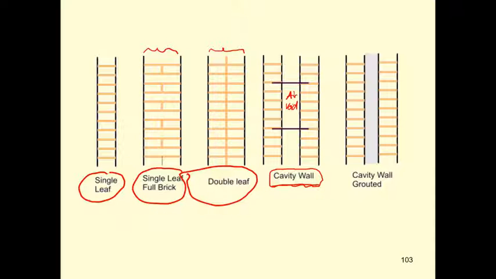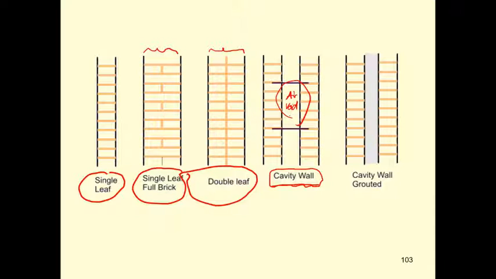The air void helps protect against the change in temperature between outside and inside. It will prevent heat loss during the winter. Outside it's really cold, right, and your home has a heater. It can prevent the cold weather from penetrating this wall. So the air void is going to be the thermal insulation.